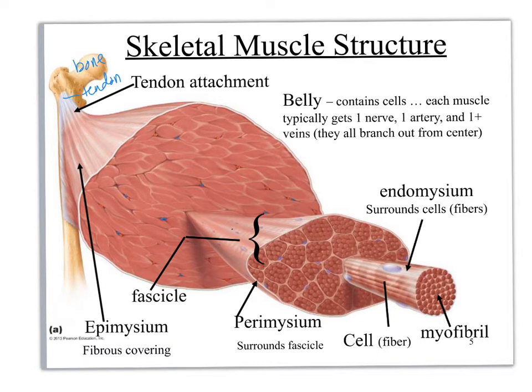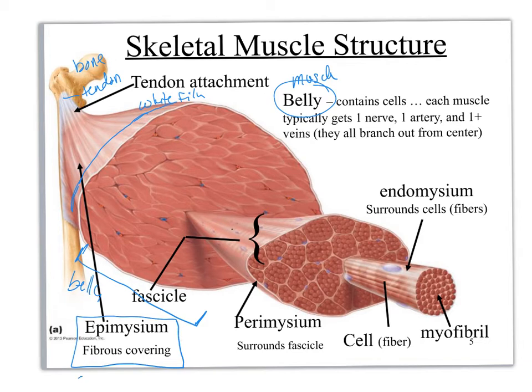Now, I want you to look at this entire thing here. The entire block of red tissue is the belly. Everything that's in it. All right? That is your muscle belly. Now, notice this white film that wraps all the way around it. That is your epimysium.